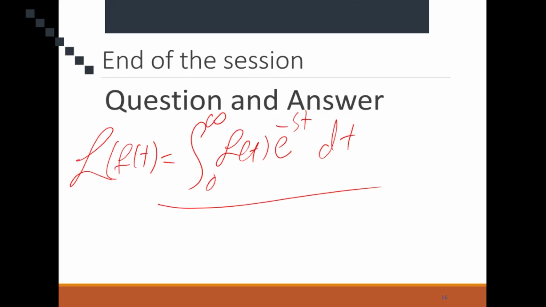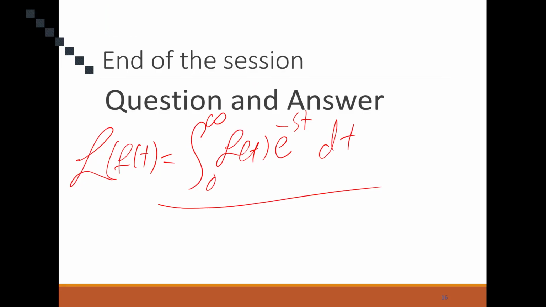We covered the characteristics of the Laplace transform: the linearity, the scaling, the multiplication, the summation, if you have a derivative of f, if you have the integral of f, and if you have the convolution of two functions, what you can do to take a Laplace transform of that.